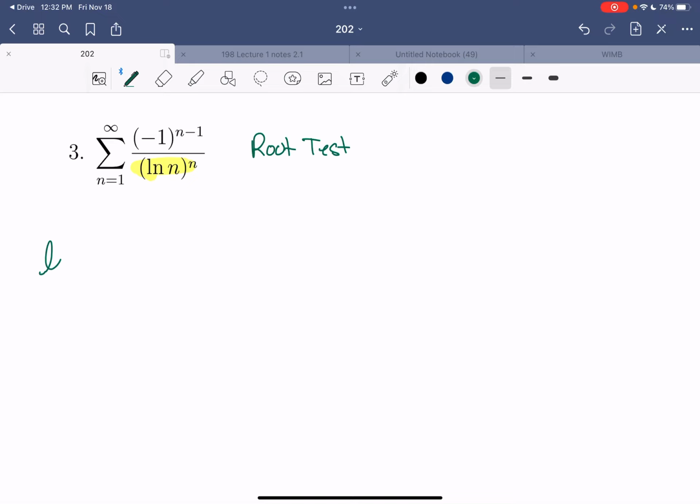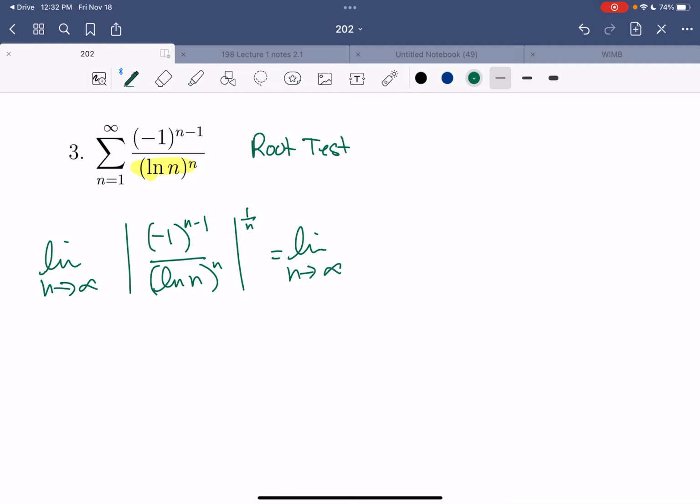So we want the limit as n goes to infinity of the absolute value of this thing, negative 1 to the n minus 1, all over the natural log of n to the n, and we're going to raise that to the 1 over n power. When I simplify this, the absolute value is going to take care of our negatives. So we're going to have 1 over the natural log of n to the n to the 1 over n power. And then these two cancel out.